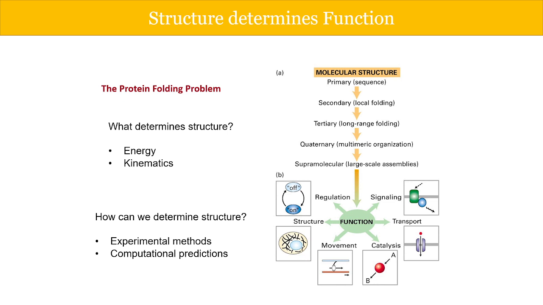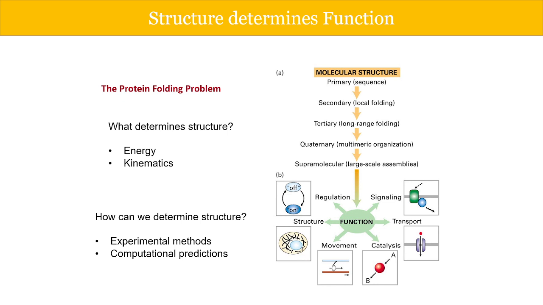Then if these proteins are enzymes, they can be involved in different kinds of reactions where they catalyze the reactions and speed them up. Then these proteins can be involved in locomotion or movement, and definitely proteins have a particular structure which entirely collaborates to give them a particular function.